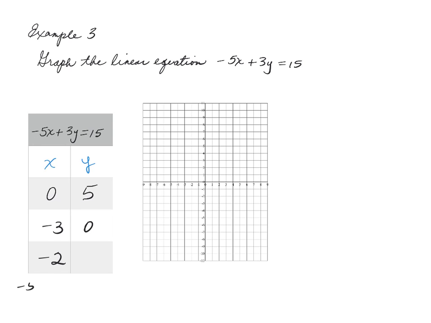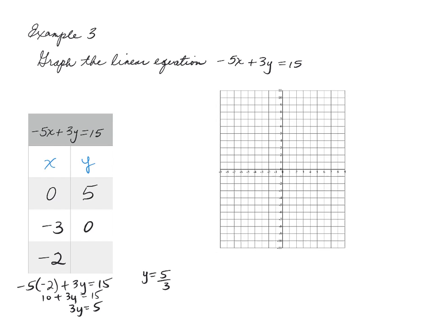So if we have negative 5 times negative 2 plus 3y equals 15. We're just plugging negative 2 in for x. So that's 10 plus 3y equals 15. 3y equals 15 minus 10 is 5. So y equals 5 divided by 3, or 5/3.